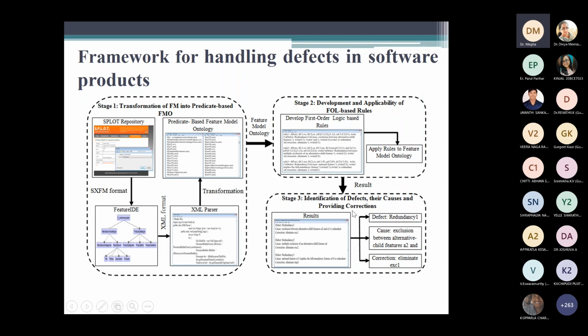The main point that we should see here is that the causes and corrections are given in natural language, in English only, so that the developers can understand the cause of the defects and the corrections, and can resolve the defects at an early stage. And these defects should not be inherited in the software products further. So this was the working of this framework.